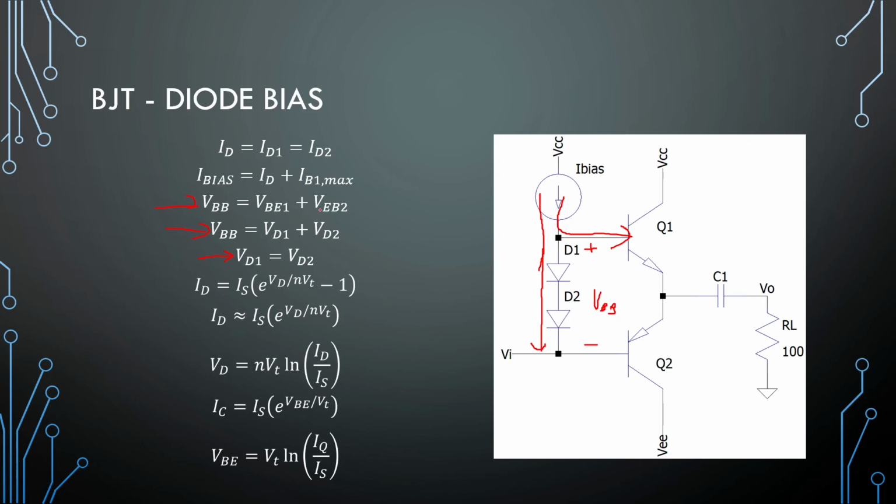Our voltages need to be very, very precise when biasing these transistors. We can't just apply voltage here.